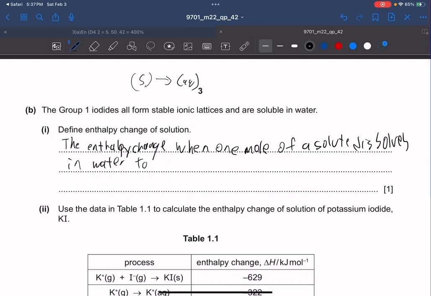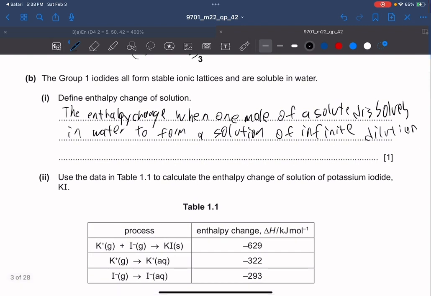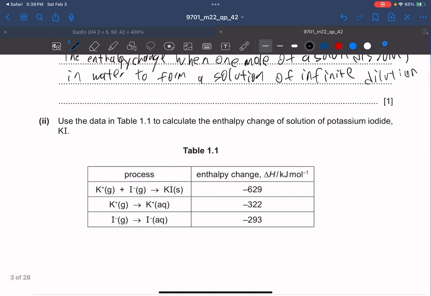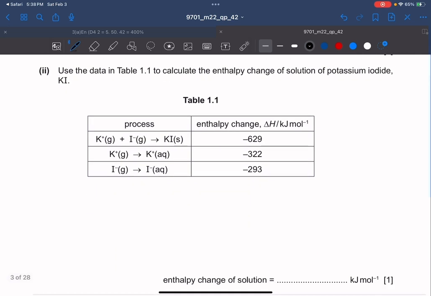And something that even I forget quite a lot is this last part, which is to form a solution of infinite dilution. And what we mean by dilution is not delusion like delusional. What we mean by dilution here is, when you add more of the solute, it's not going to dissolve. So that's the enthalpy change of solution.